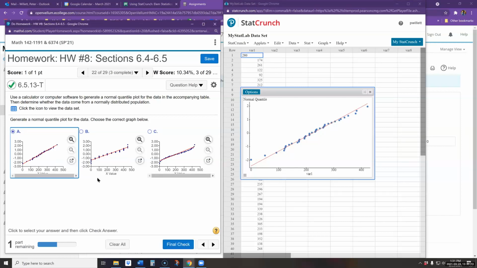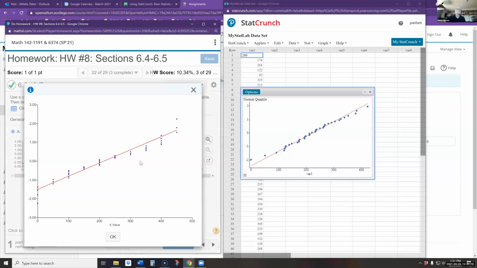Now, one of the things you could do also, if they are kind of close or small, is make the graphs bigger over here. And then you can actually compare individual values. Notice these have a bunch of values all with the same x value, all lined up, and this clearly does not have that shape.